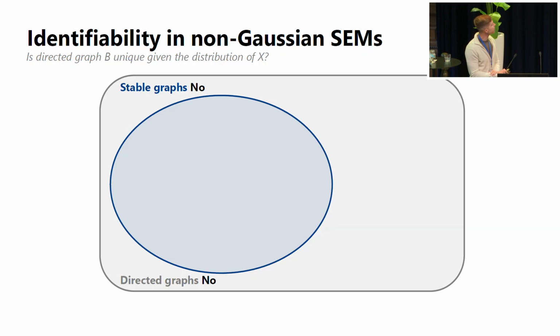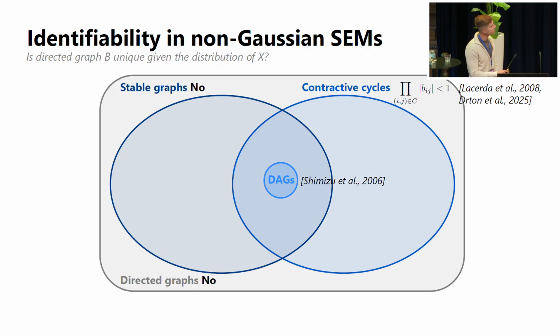Now looking at identifiable graphs, the first result was LiNGAM. So for directed acyclic graphs and data generated via linear non-Gaussian SEMs, we do have identifiability. More recently, the same result was proven for graphs with contractive cycles.